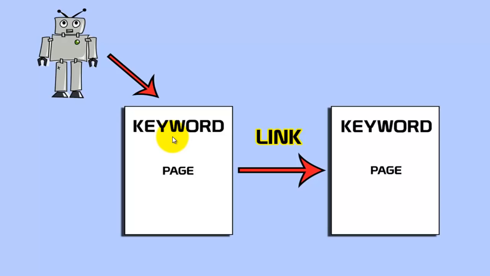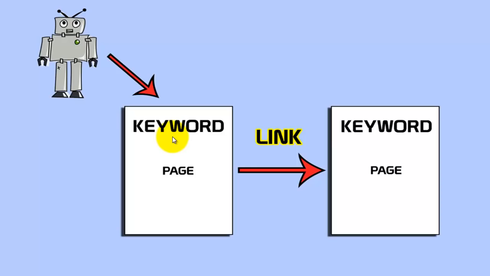Also based on the words that you have inside of that page, because in that page you are talking about a specific niche, many times you use words that belong to that niche, and based on all of that information those robots know exactly what that page talks about and where it needs to appear inside of Google listing.